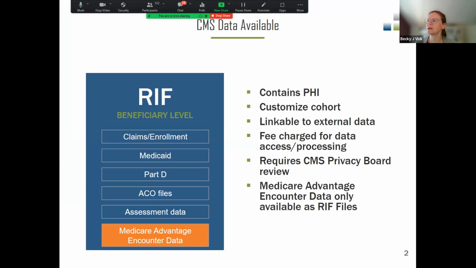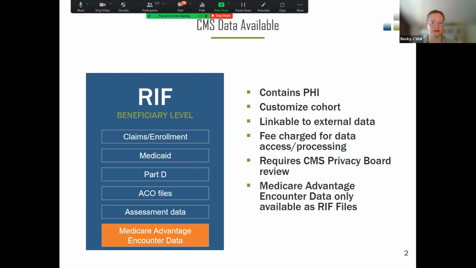So encounter data are available in research identifiable file format, otherwise known as RIFs. There are no limited data sets or public use versions of encounter data like there are for fee-for-service. RIF files contain personal health information, otherwise known as PHI.